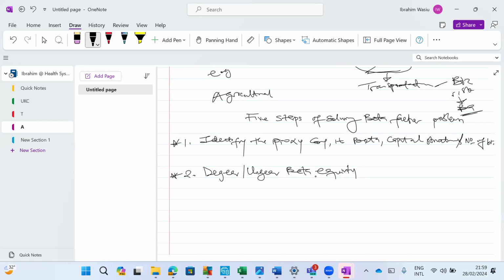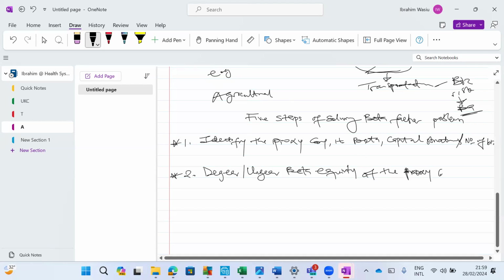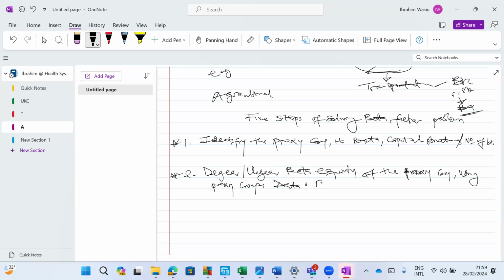So you ungear or degear beta equity of the proxy company using the proxy company's data, that is, remove the financial risk.